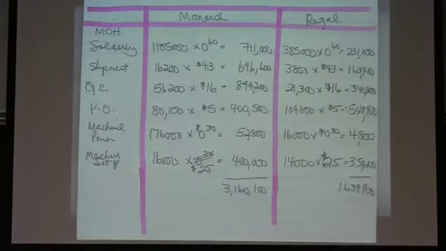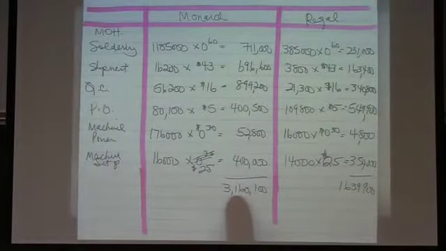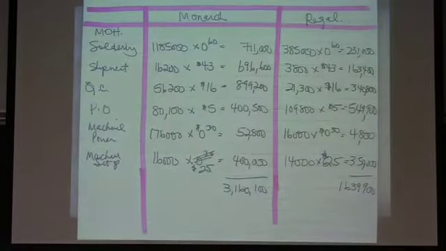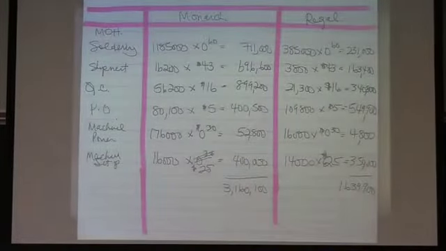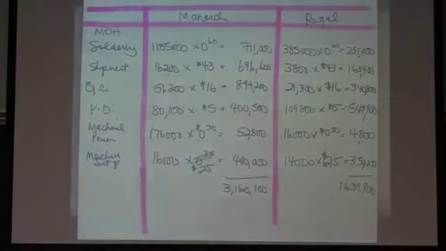So that's the amount of the overhead that's going to be allocated to Monarch and Regal. Now if you add these two, you get 3,160,100 plus 1,639,900. It should add to the 4.8 million, which is the total overhead.